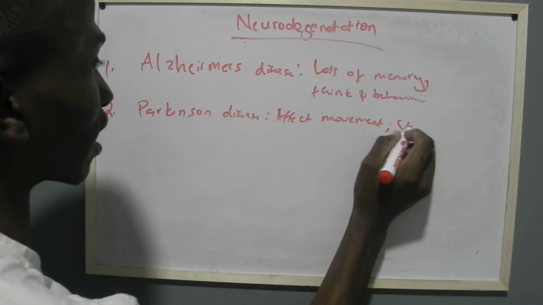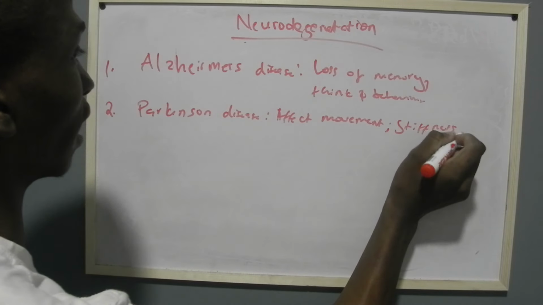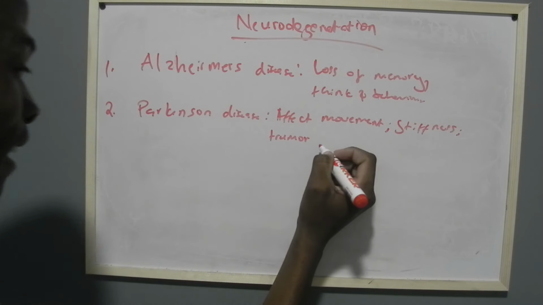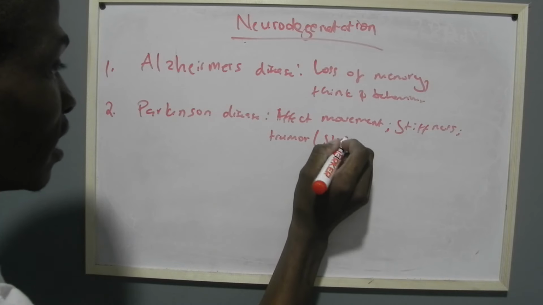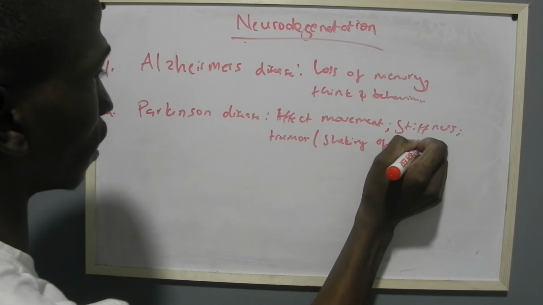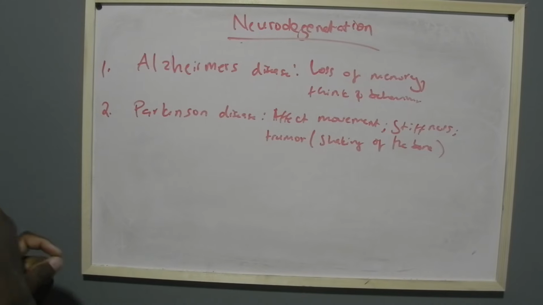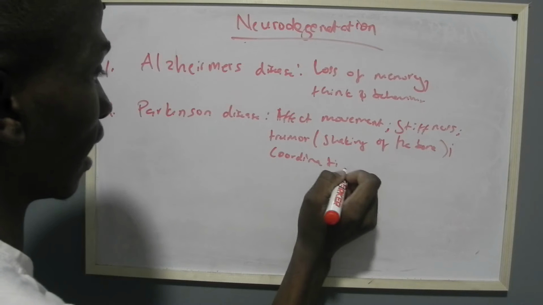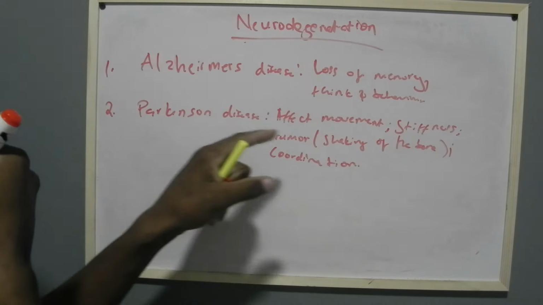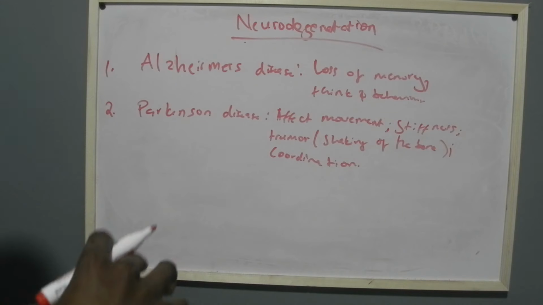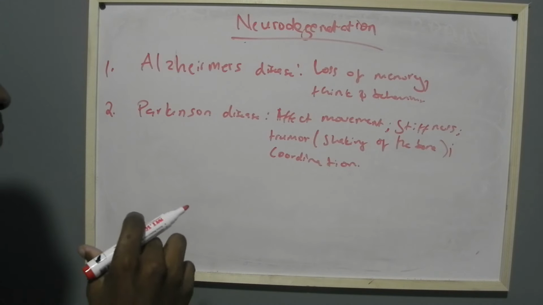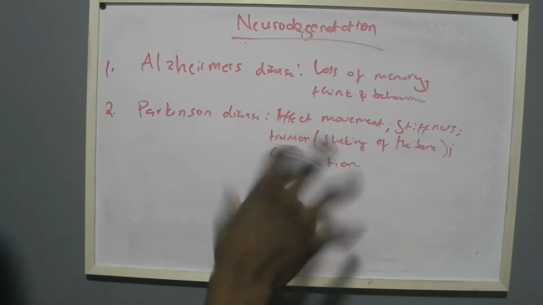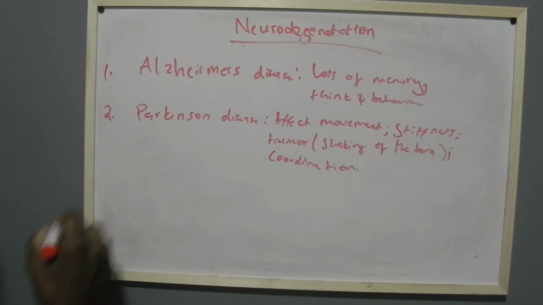It affects the stiffness of the bone, the shaking, or tremor, of the bone, and lastly the coordination. Once the neurons in the brain are damaged, it will affect movement in the peripheral nervous system.